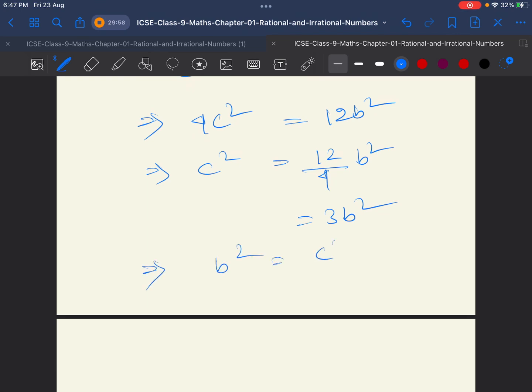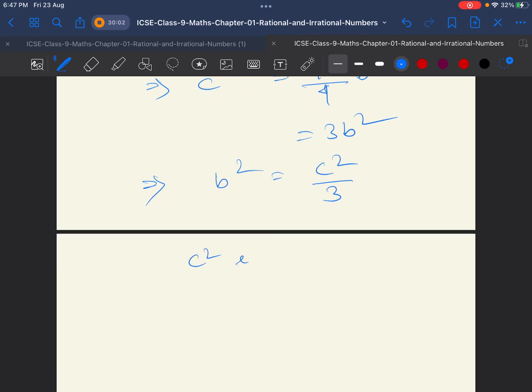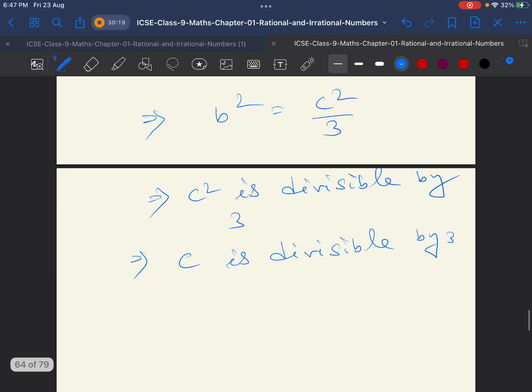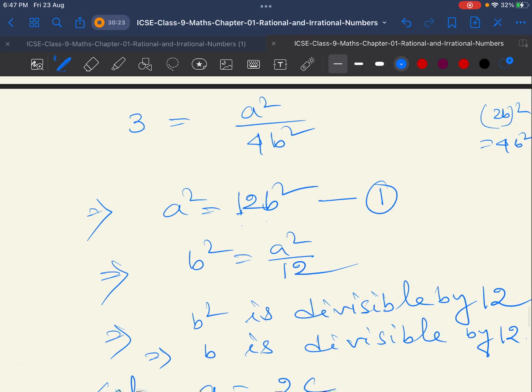Now we put this one, so here you see b square equals c square by 3, so c square is divisible by 3, and also this implies c is divisible by 3. So here you see 12 means 3 into 4.